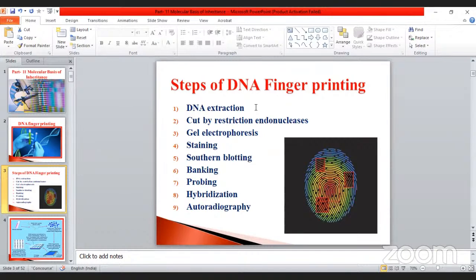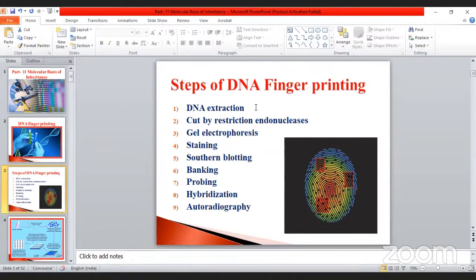Electrophoresis is nothing but an instrument in which an electric field is used. So first extraction, cutting by restriction endonucleases, and gel electrophoresis. After completion of gel electrophoresis, you will get the bands. The bands also undergo a staining process, and for that there is a specific method called the Southern blotting method.